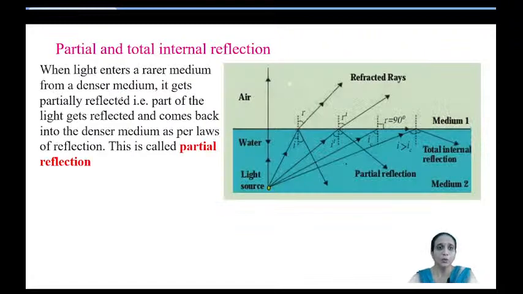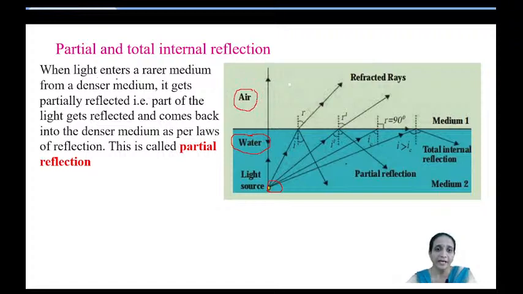Now we'll try to understand what is meant by partial and total internal reflection. When light enters a rarer medium from a denser medium, it gets partially reflected. See over here in this diagram, this is the light source. Water is the denser medium and air is the rarer medium.